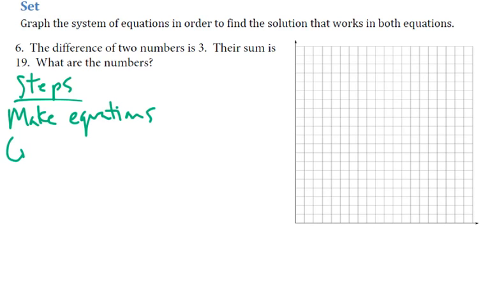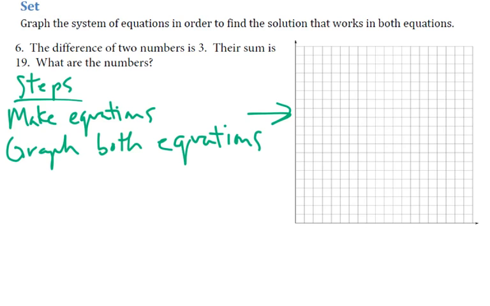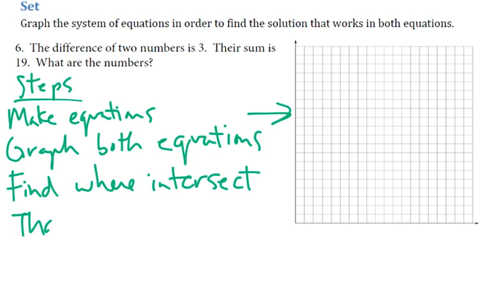Then you graph both equations on the same coordinate plane. That means on the same graph. You're graphing them together. Then we're looking for where they intersect. That point where they intersect is your answer.